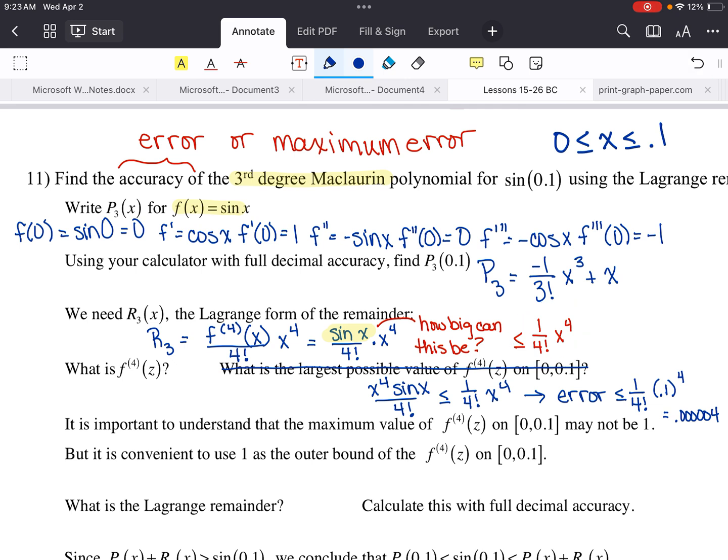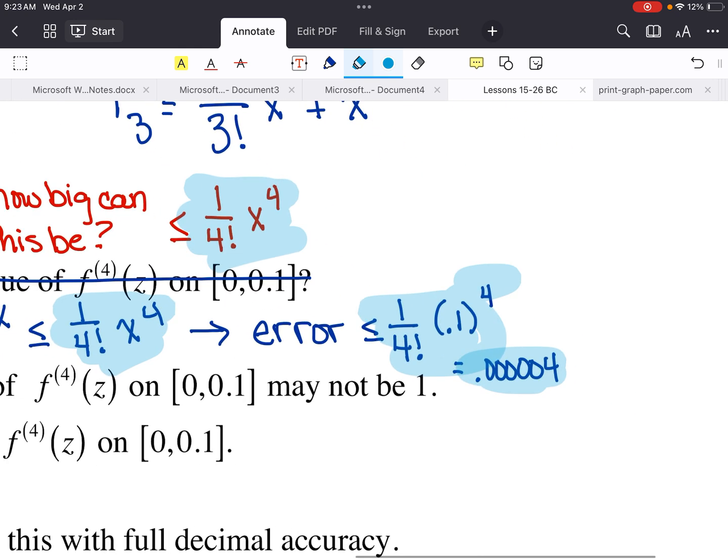Okay, so now what is that error at the point that I'm trying to estimate? Basically what I've done is I've written an equation for the error. Now I need to actually find the error. So here's my equation for the error. And when I plug in 0.1, I find out that the most the error could be, the absolute worst, is 0.000004.